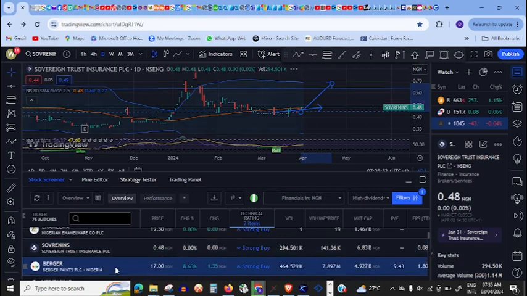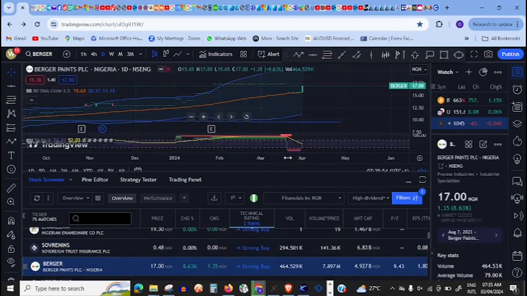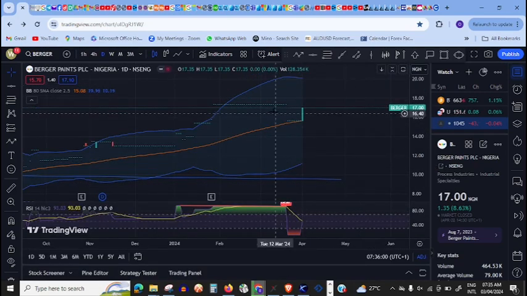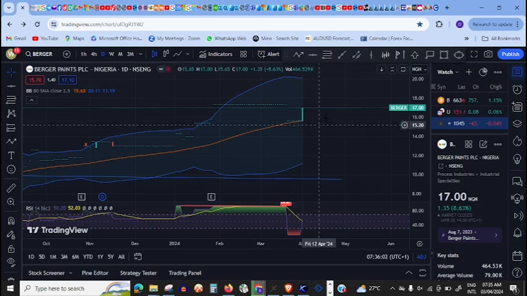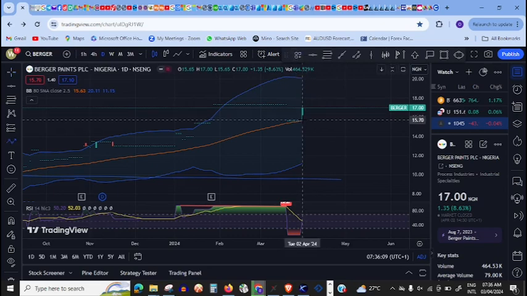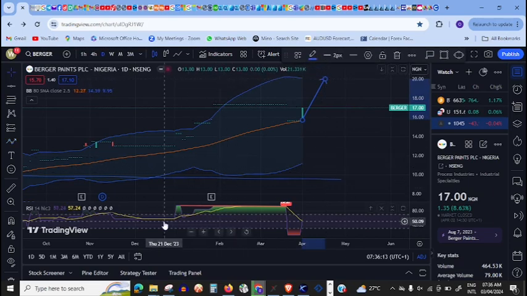For Berger Paints, see the level we would have entered. So let's see if we can get to come out at 20 naira.